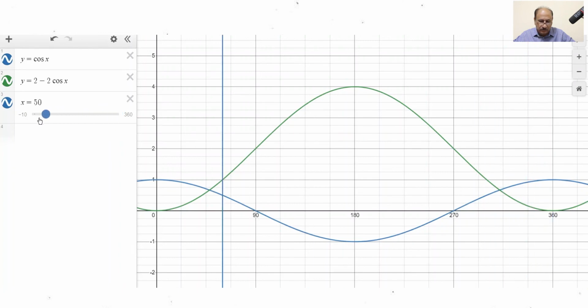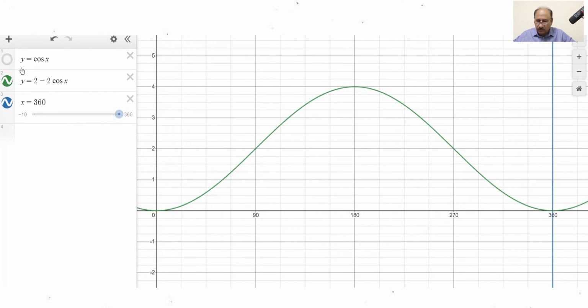Our target graph is from 0 to 360. If we inactivate the cos x graph, this is our question, y is equal to 2 minus 2 cos x, and you see the maximum point is at 180, which is pi, 180 and 4, and this is the 0 and 0 point, and this is the 360 and 0 point.